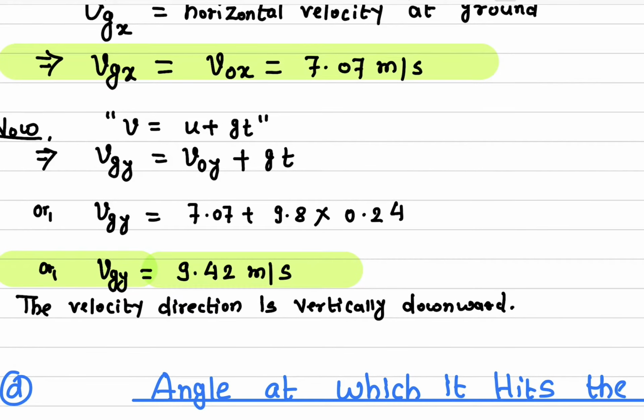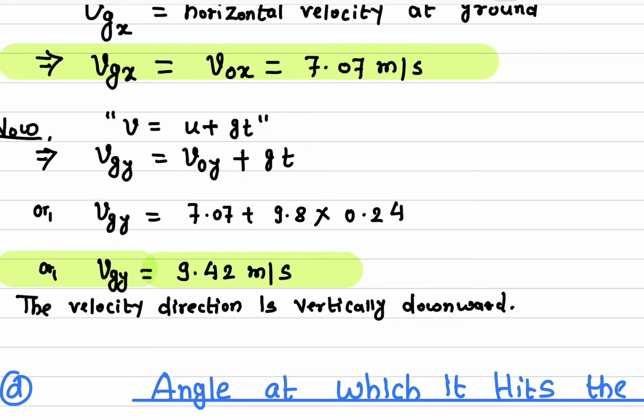Okay, so this velocity is the final velocity or the velocity at the ground, and this velocity is the initial velocity at which it was launched in the y direction, and g is the acceleration due to gravity. So here I'm writing the final velocity at the ground, and this is the initial velocity, g, and the time.